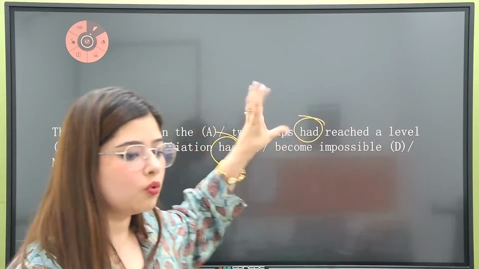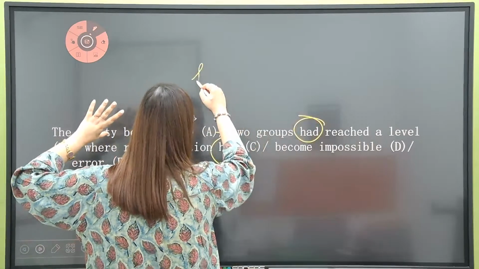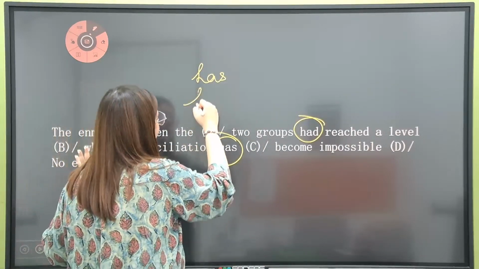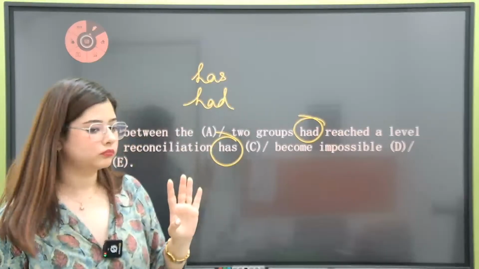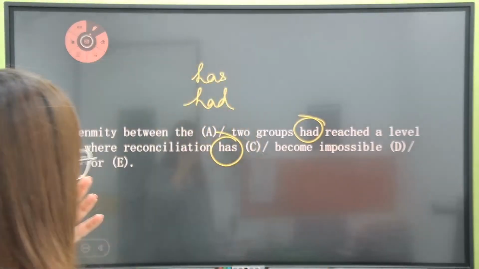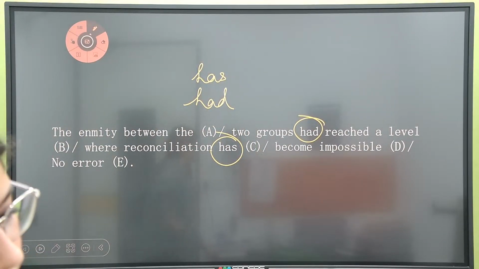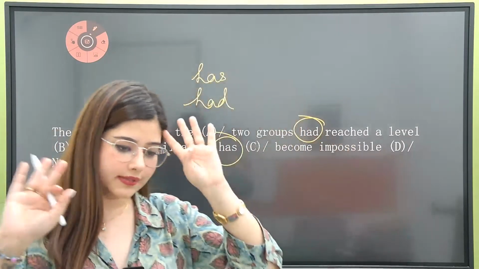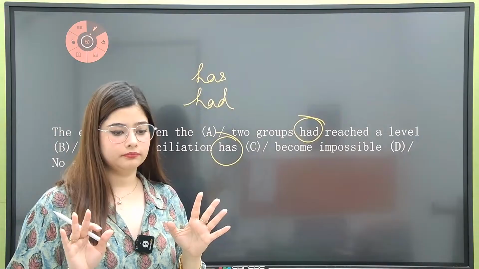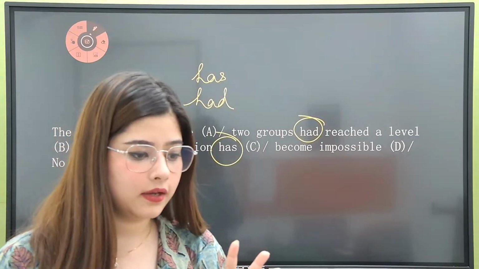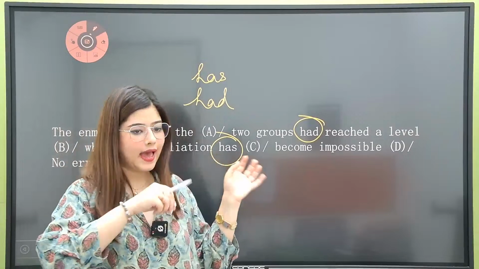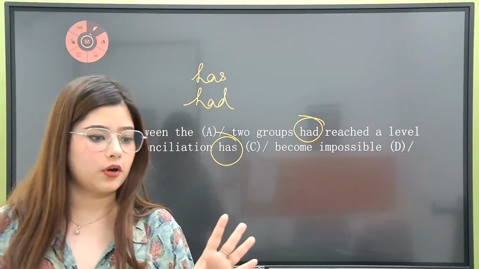Either make both has, or make both had. One with has, one with had will not make sense. Okay? Tense error.